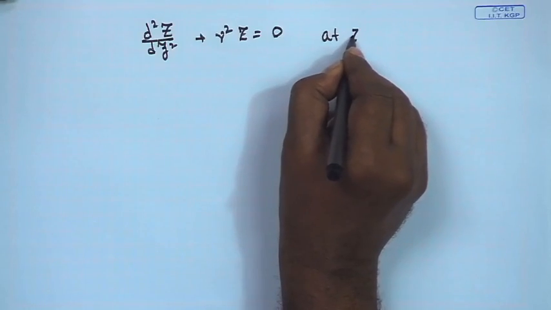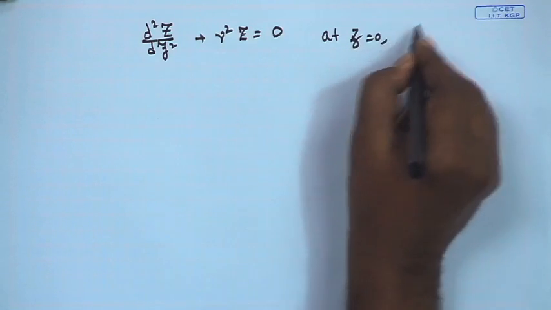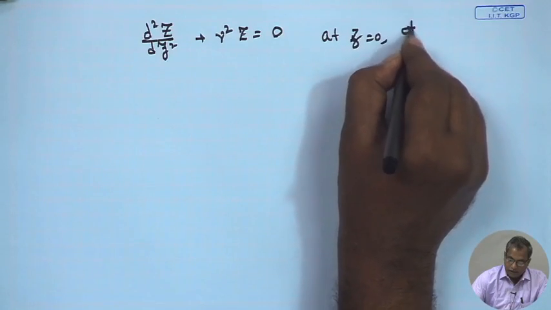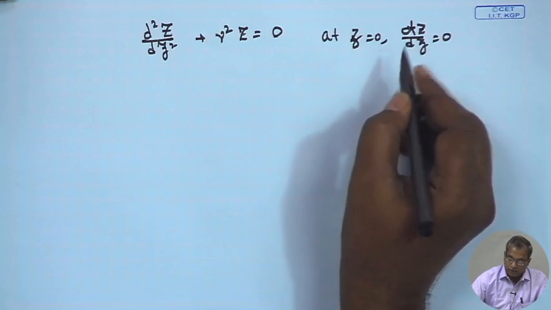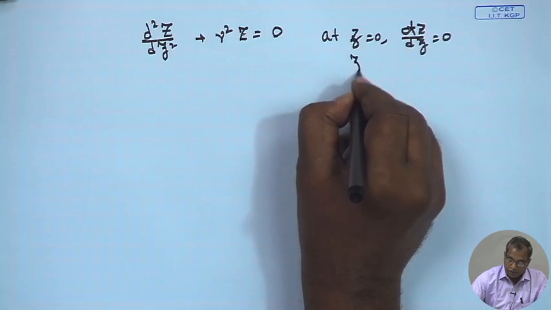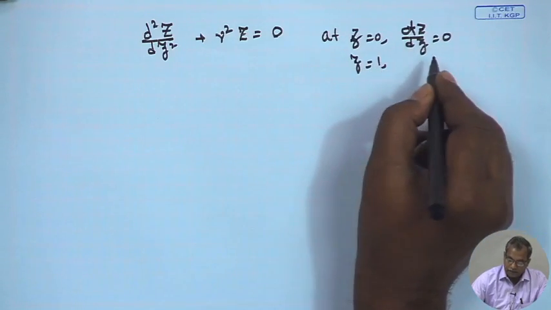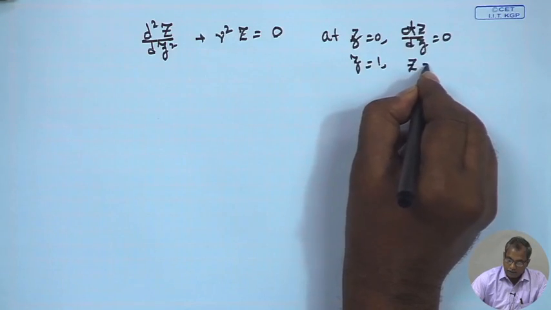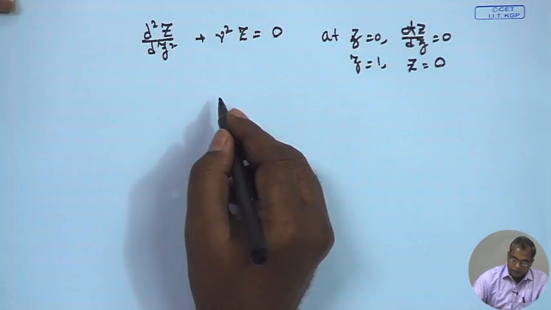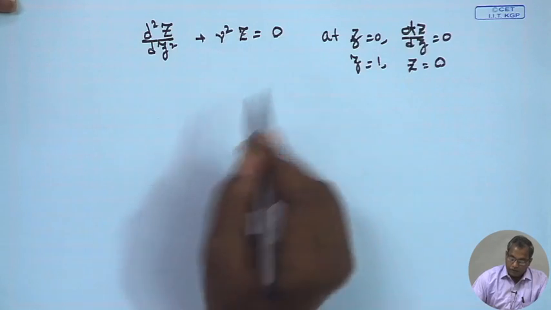At z equal to 0, we have dZ/dz equal to 0, because in the original problem we had a Neumann boundary condition prevailing at z equal to 0, and at z equal to 1 we had Z equal to 0.